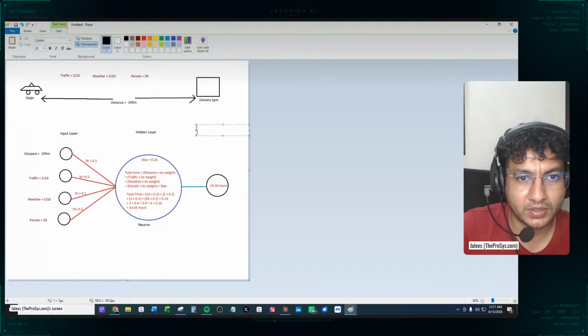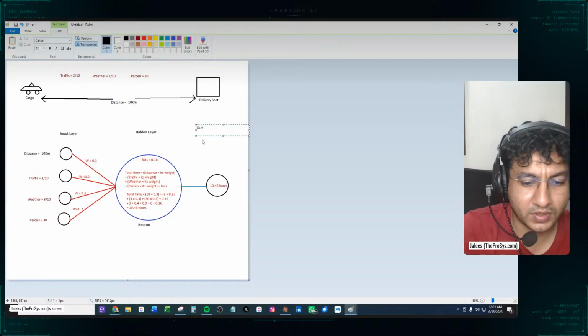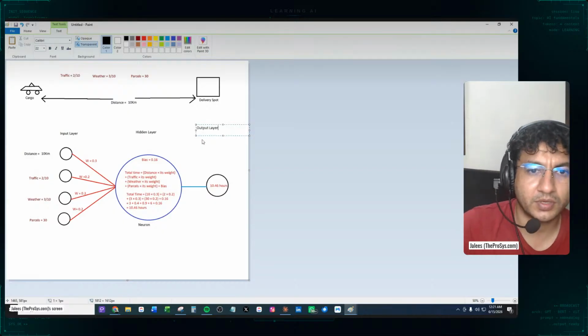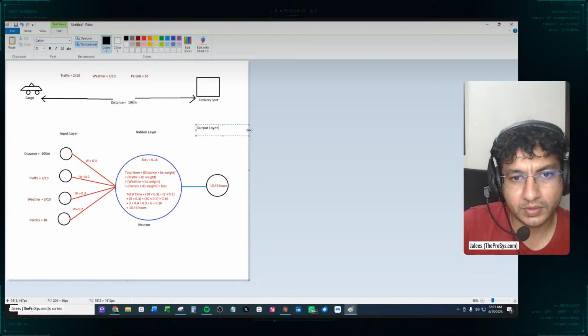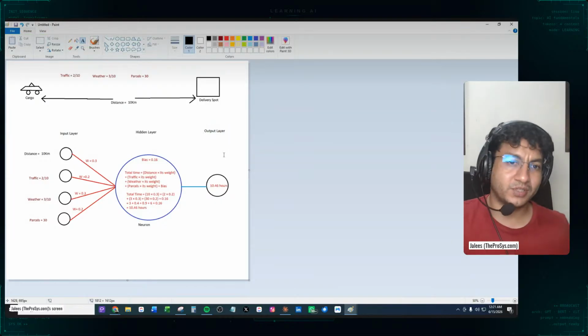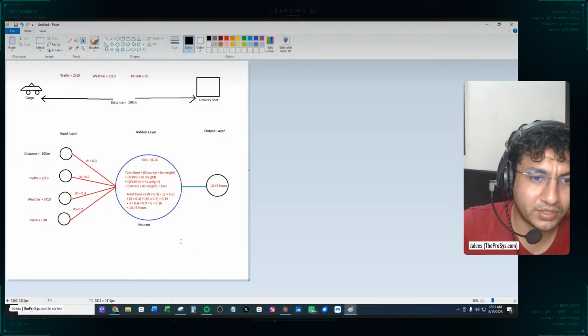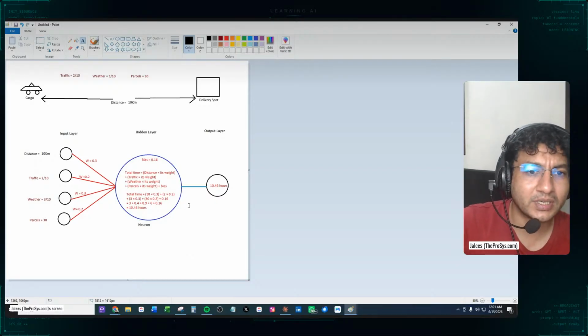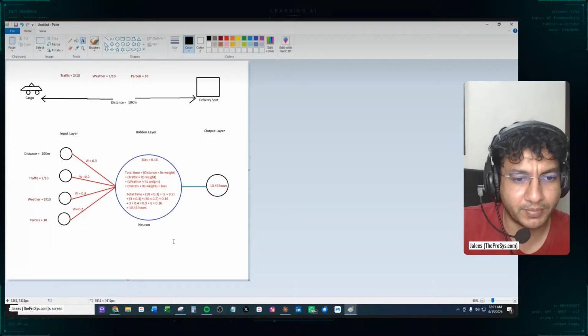And then this is the output layer, okay. So आगे इसकी output layer आ गई, so यहाँ पे इसकी output layer आ गई. So that's how these layers are there, and then this is a simple type of calculation happening here.